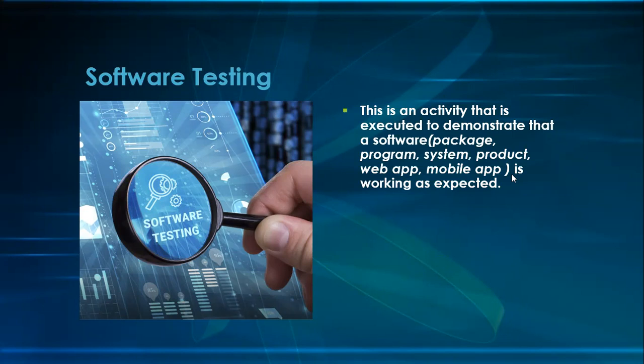This word, working as expected, even doing automation or manual testing, is one of the terminologies that we use when it comes to software testing. So, software testing is an activity that is executed to demonstrate that a software, mobile application, system, or product is working as expected.